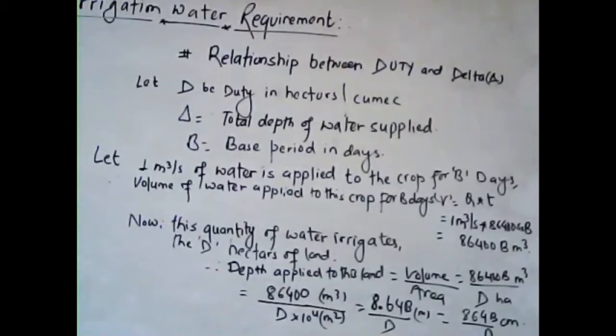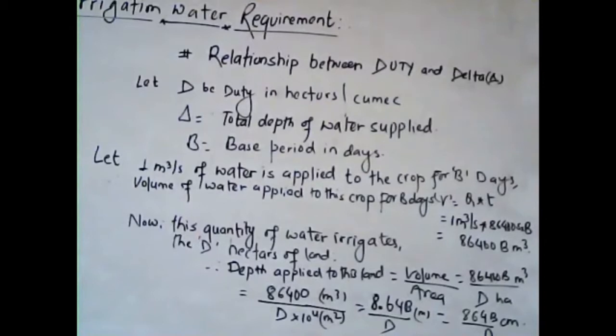As we already know, duty is the irrigating capacity of a unit quantity of water for an area. And let delta be the total depth of the water supplied to the irrigating field. Likewise, let us assume that B is the base period in days. Okay, it is the time between the first watering and the last watering before harvesting, the base period in days.